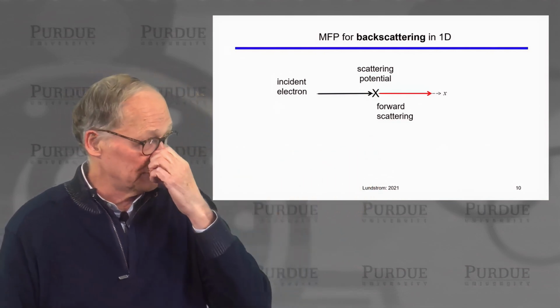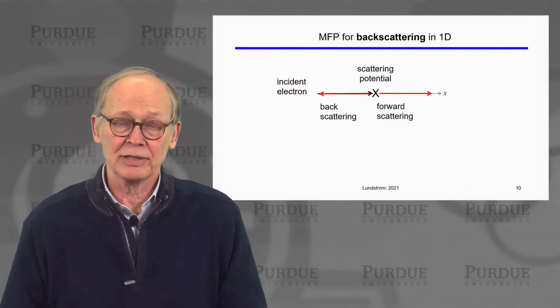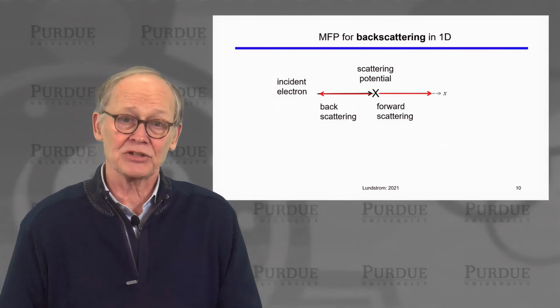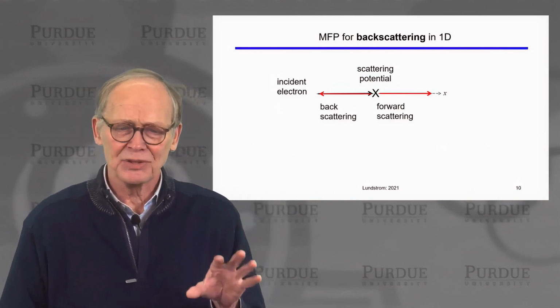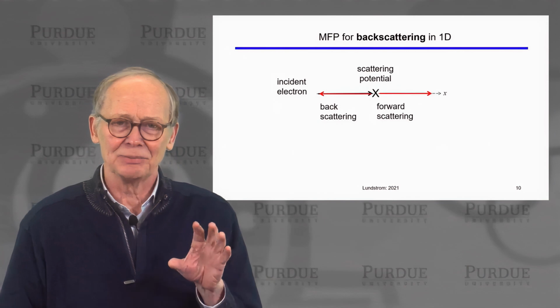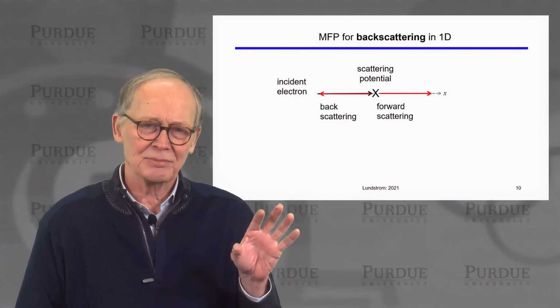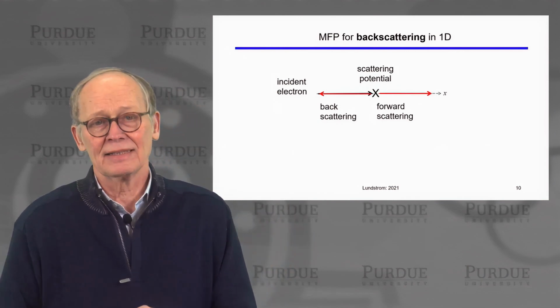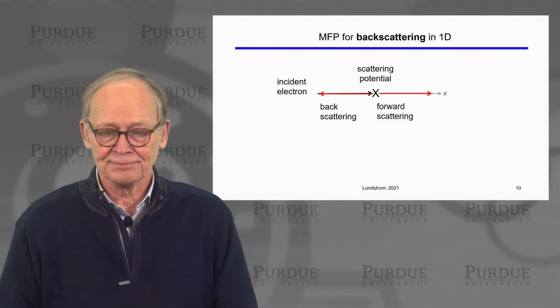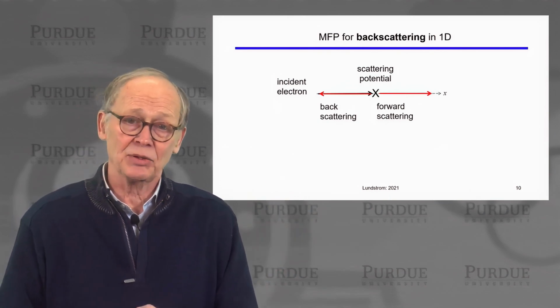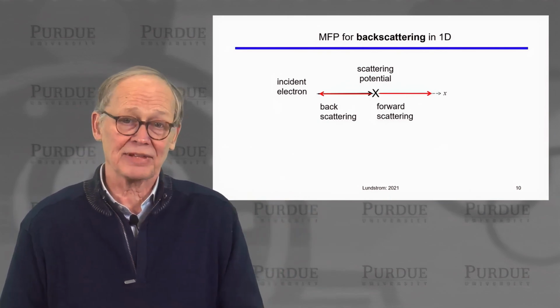It could scatter forward, or it could turn around, reverse direction, and backscatter. We refer to this as the mean free path for backscattering, because the backscattering events are the ones that reduce the current. So you can see in this case, if we forward scattered, it's as though we haven't scattered at all.